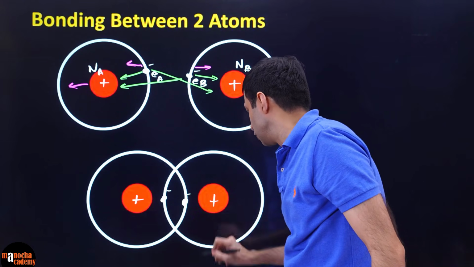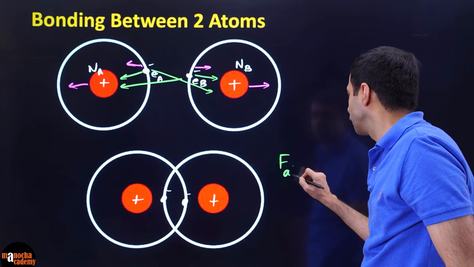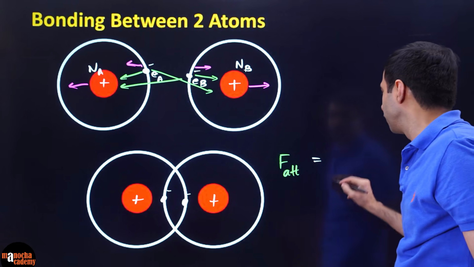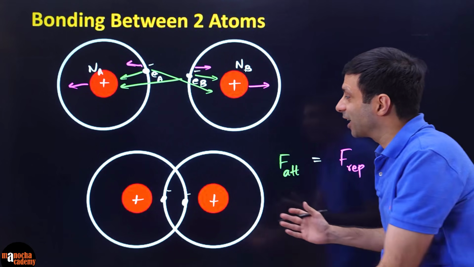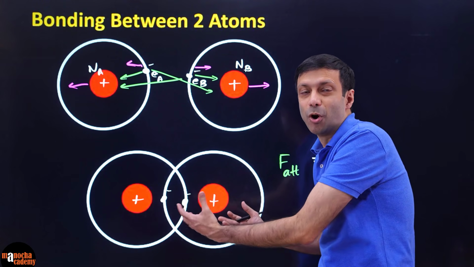So in this condition, the force of attraction is equal to the force of repulsion. And that is where we can say that the system has become stable, right? A bond has been formed.